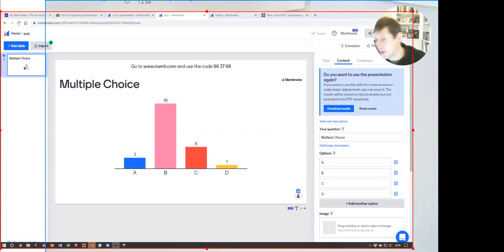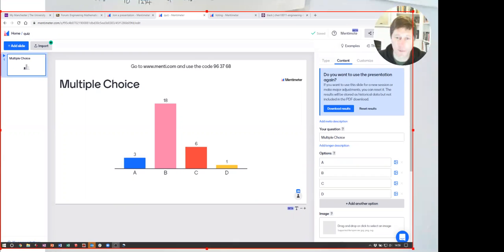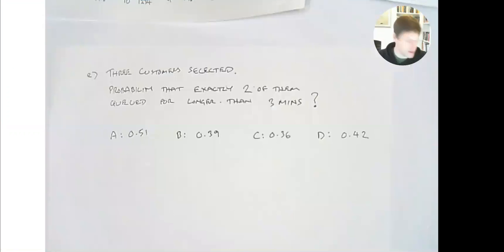Still some spread of opinion there. So let's check we understand why that's true. So we've got 3 people, and what's the probability that exactly 2 of them queued for longer than 3 minutes? So this kind of sounds like a binomial type of problem where you have 3 and you're choosing 2. So you can think about it like that.